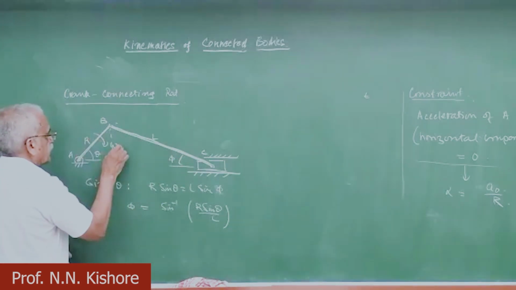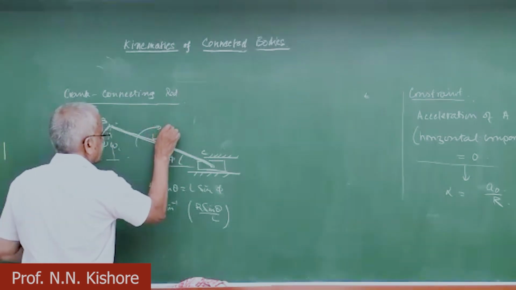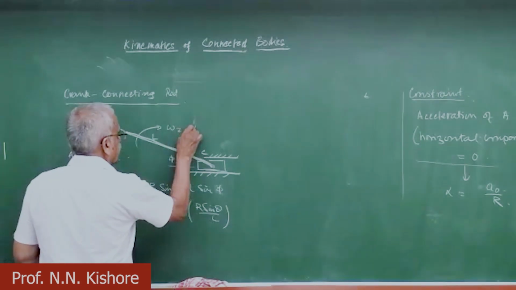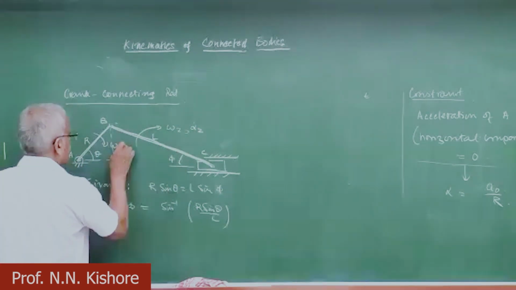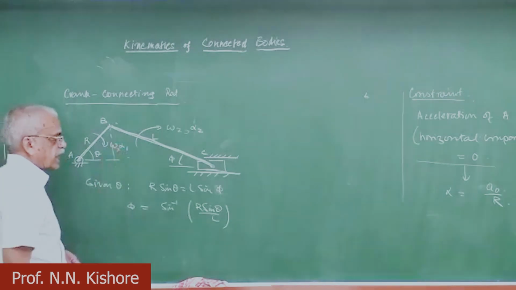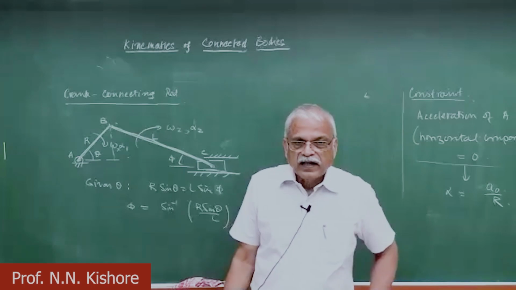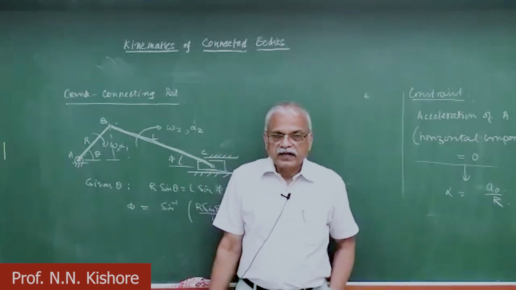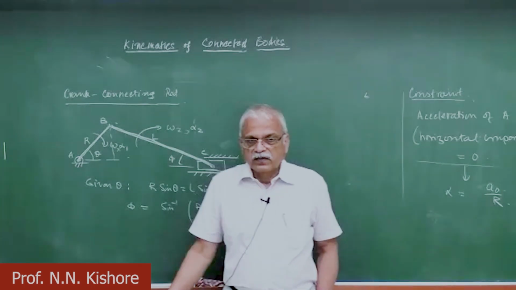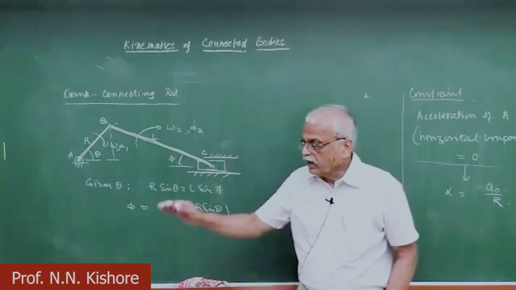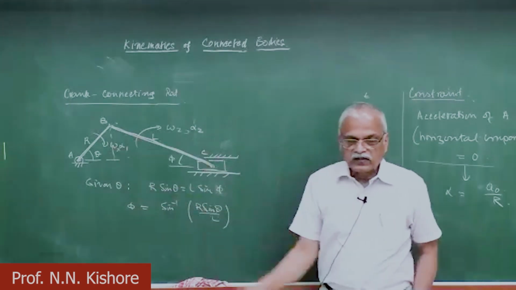For example, if this is omega 1 and this is another, different angular velocity. Each body has a particular angular velocity and acceleration. And if you have another body, they can be completely different, but however, they have to satisfy the constraints.